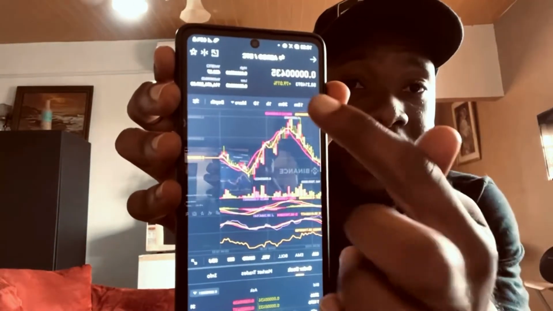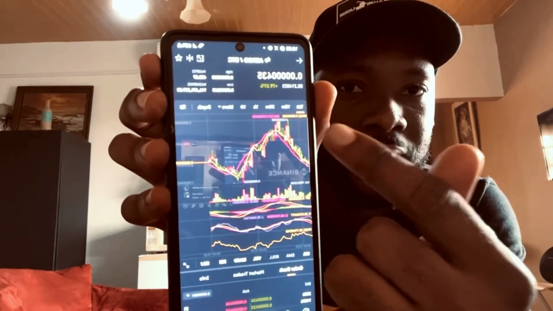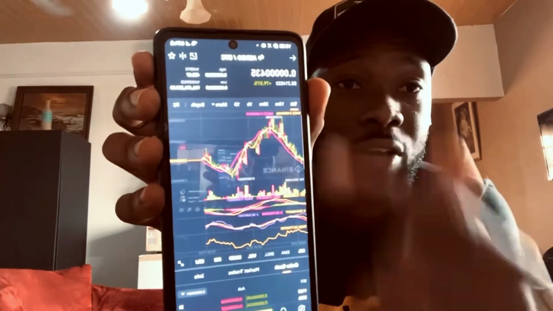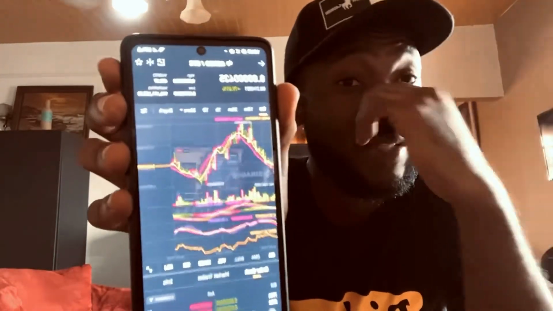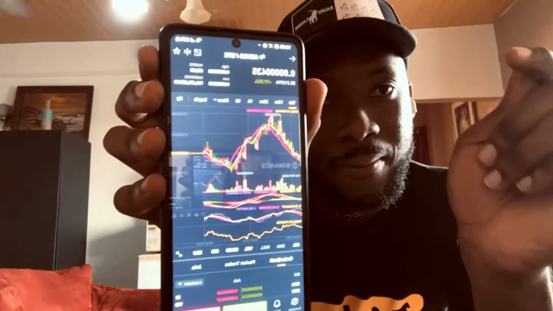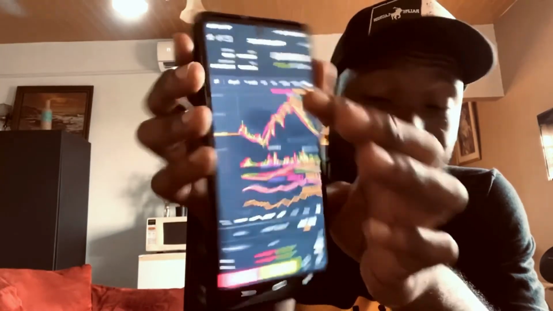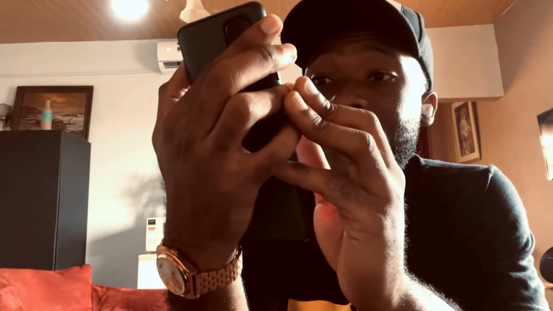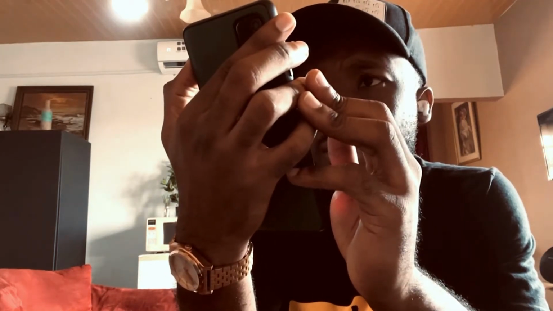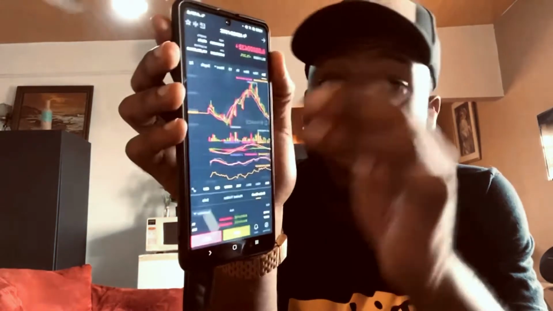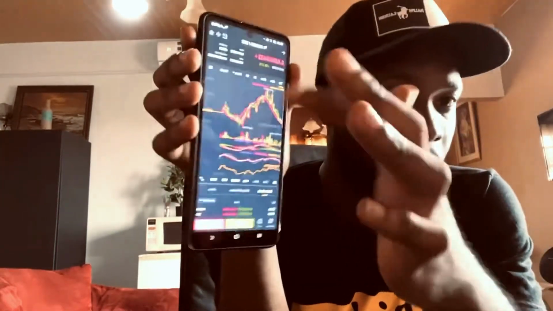So if you had put in $1,000, you would have had $1,700 this morning, just like that, because it's gone up by 79%. Its all-time high, it was at 460, so it's not even at its all-time high yet. And it went to over 100% around 10 a.m. So that is an example.